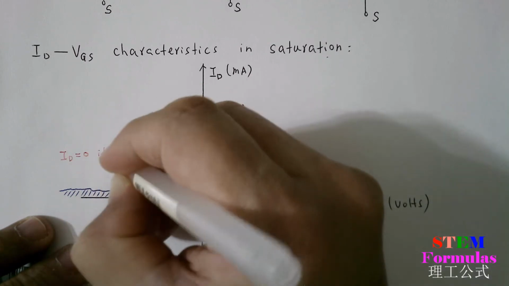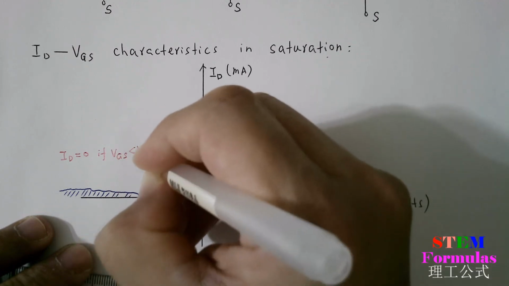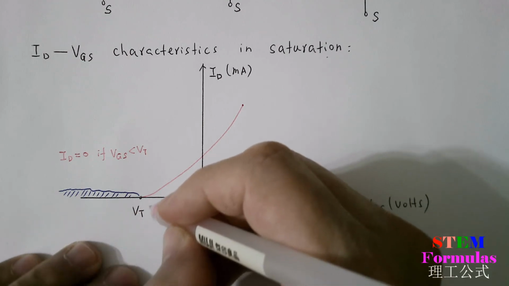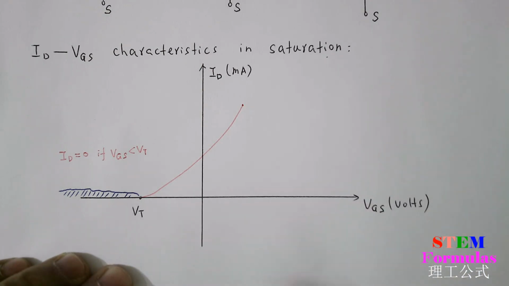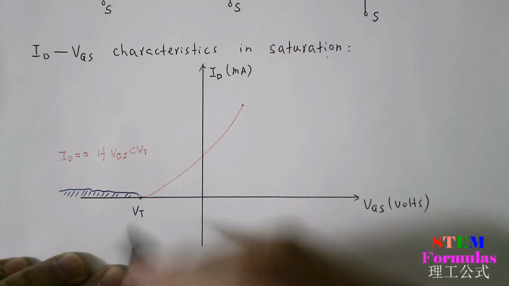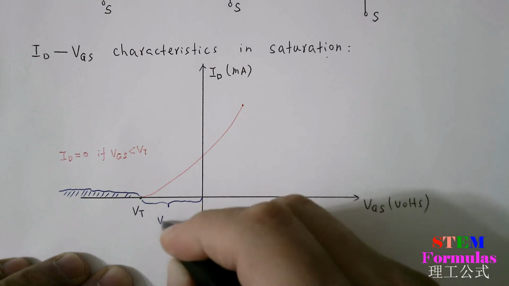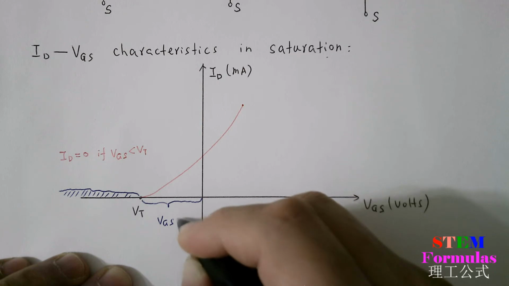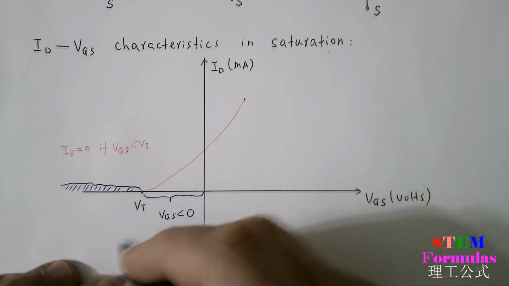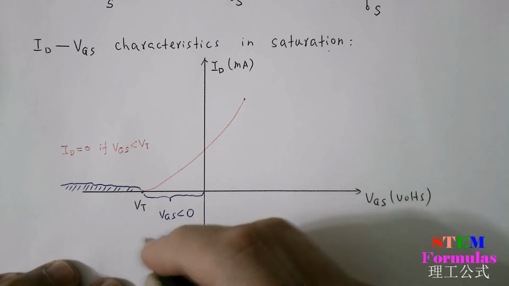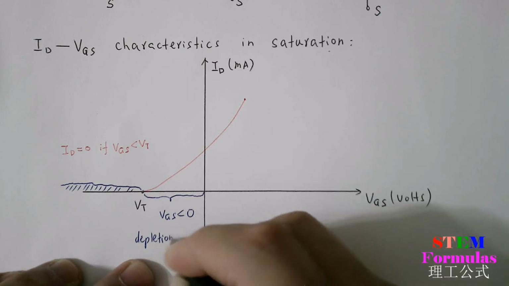If VGS is greater than VT and in this region VGS smaller than 0, in this region we call it depletion mode. Depletion mode.